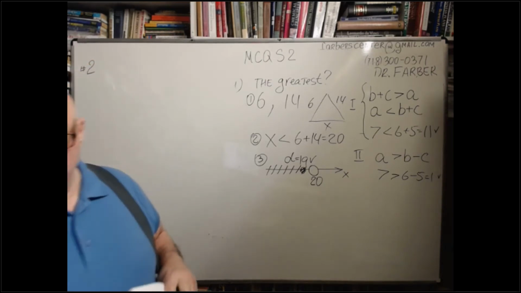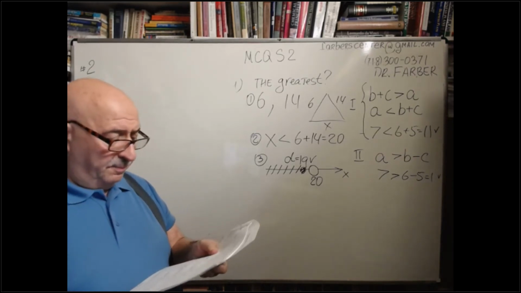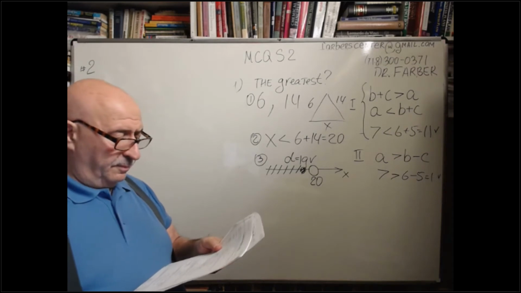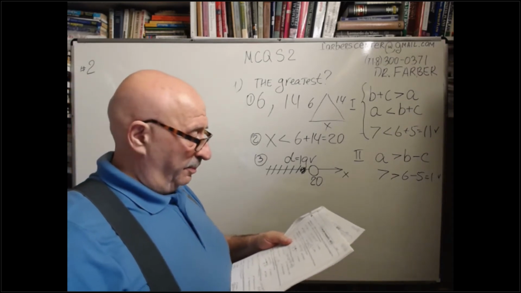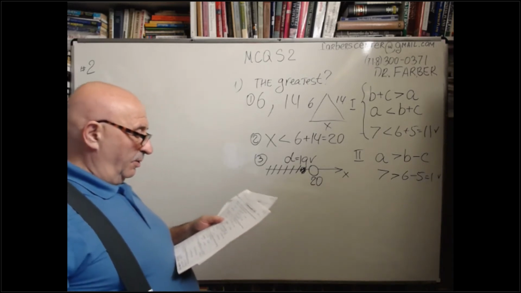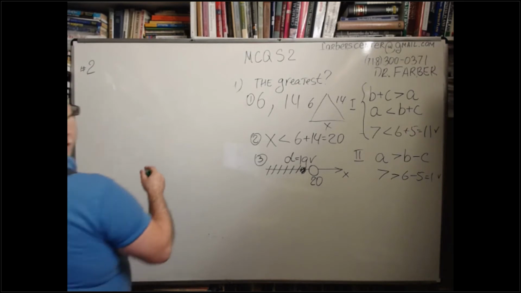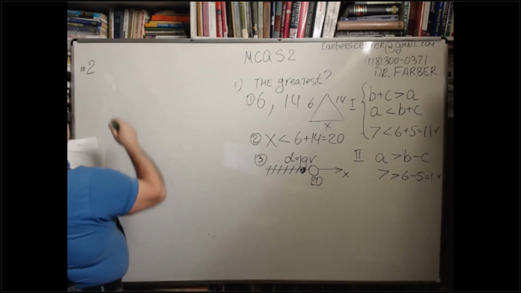Anybody? Fast? I'll read it. Please, Nathan. Which of the following is the least possible measure of the third side of the triangle if the other two sides measure 27 inches and 7 inches. Thank you.